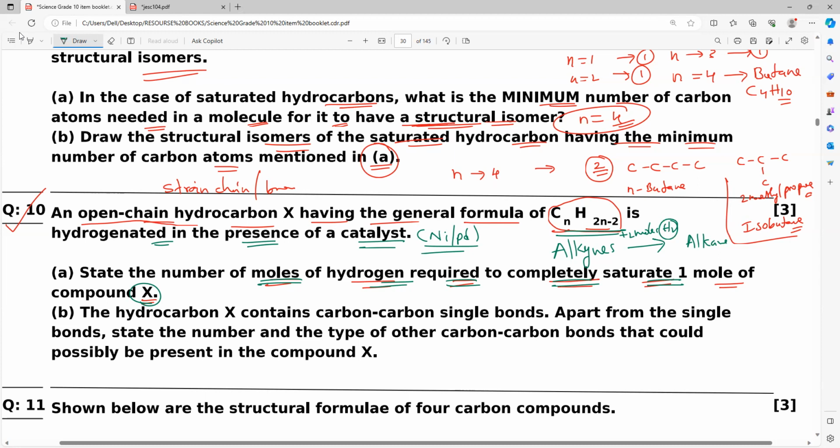Very, very important. Next, the hydrocarbon X contains carbon-carbon single bonds. Please remember, everybody.